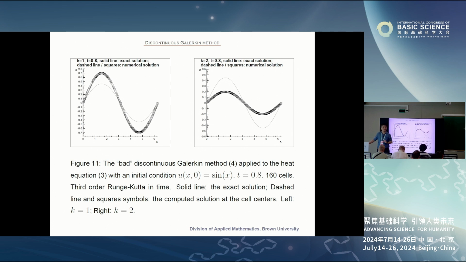This is the Lax theorem. And this is if and only if. Which means if it is convergent, it has to be stable, it has to be consistent in a certain way.